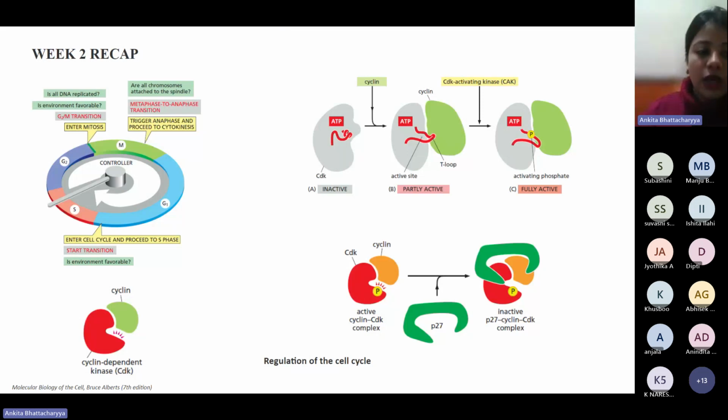Why is this important? One very easy way to look at it, which is something that I personally do, is that in a somewhat layman perception, if anything goes wrong in the cell cycle, it will lead to some disease or the other. Like I said, if checkpoints are not followed, it leads to cancer. If DNA is not properly duplicated and that duplication is not monitored, it leads to diseases associated with genetic abnormalities, right?